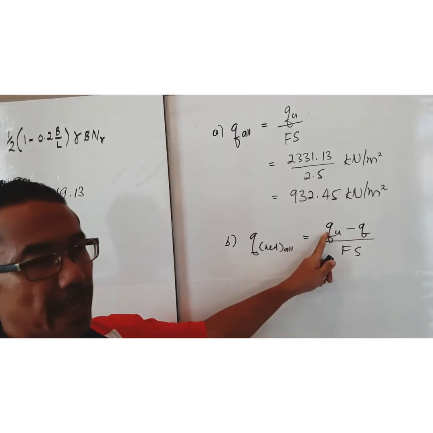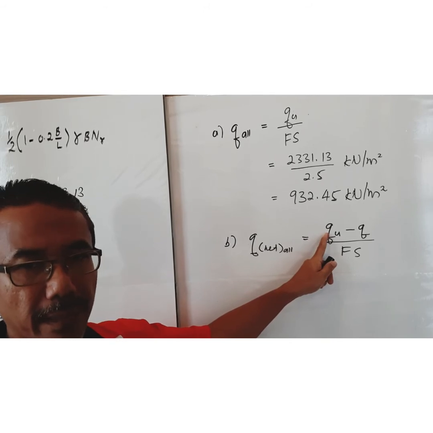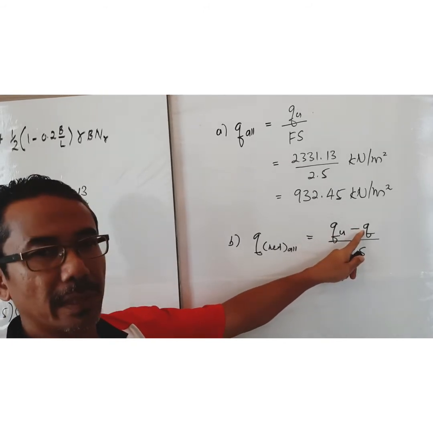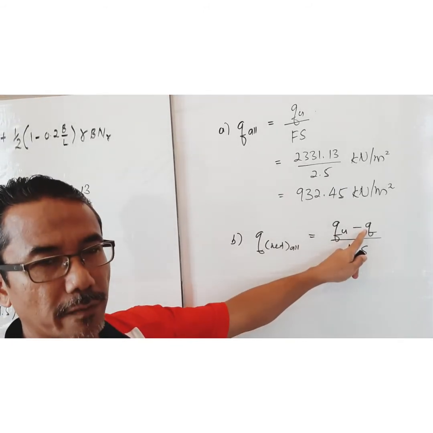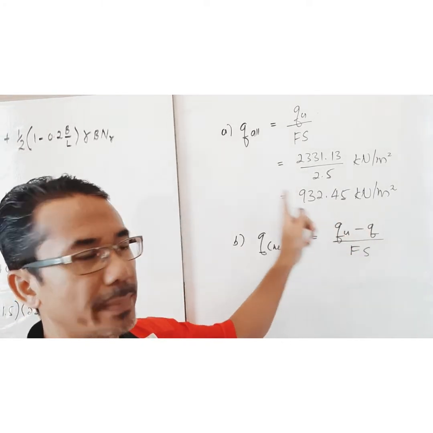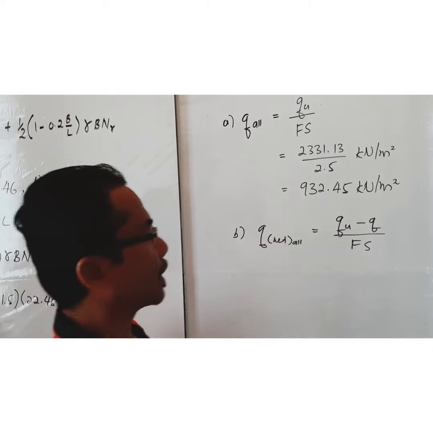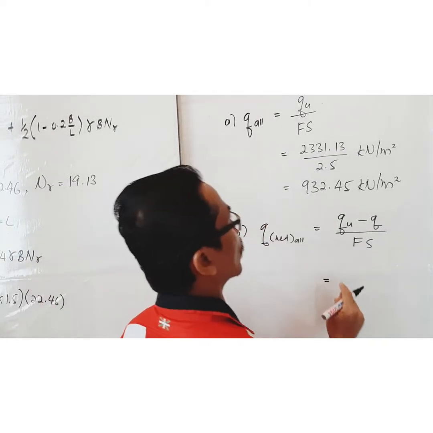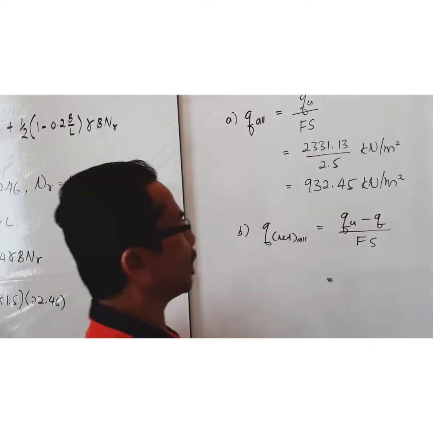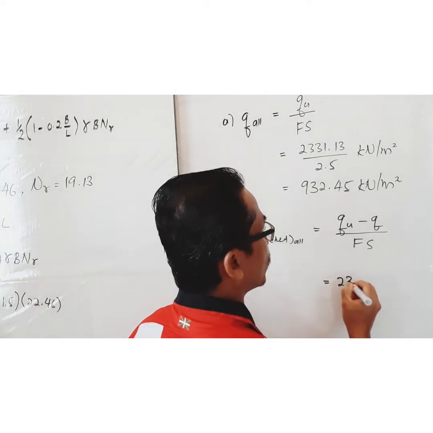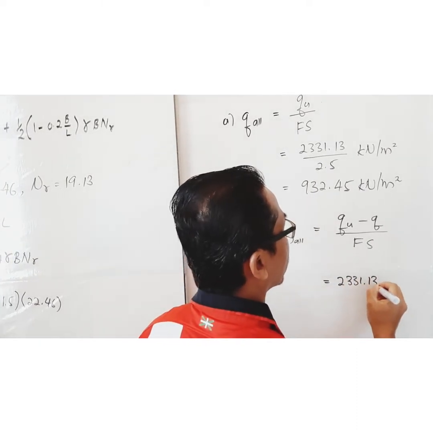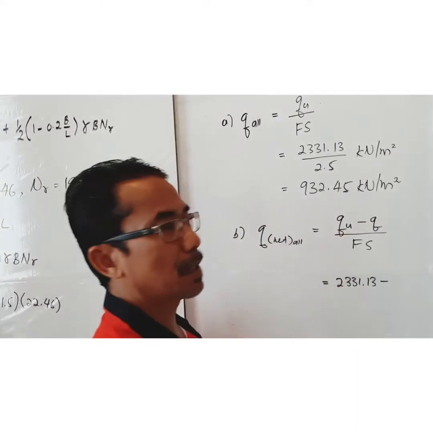Q sub U is the ultimate bearing capacity that we have calculated before. Q is the stress at the base of the footing, which is an item in the ultimate bearing capacity equation, and then divided by the safety factor, right? Q sub U is equal to 2331.13, and then minus q.